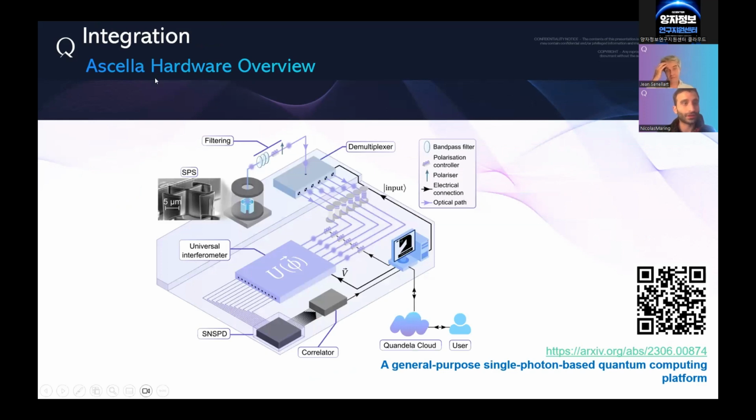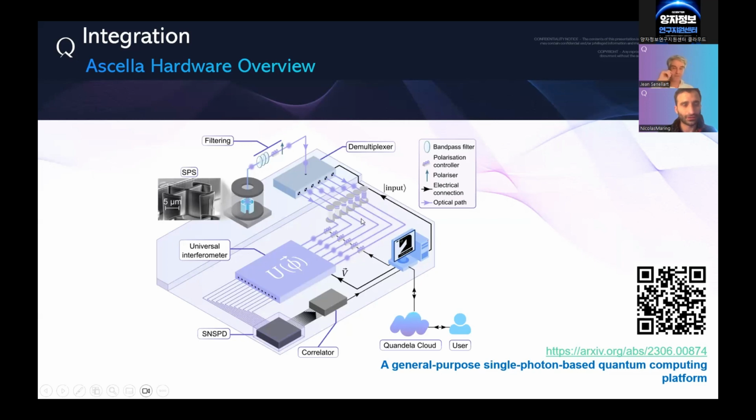So now that we have single photons at the output of this cryostat, we want to actually send many of them. So here, for example, 6 of them into this universal interferometer that will implement the optical circuit that the user wants to sample.